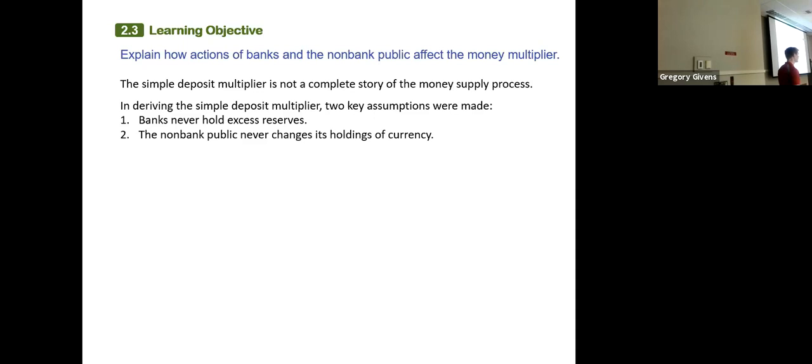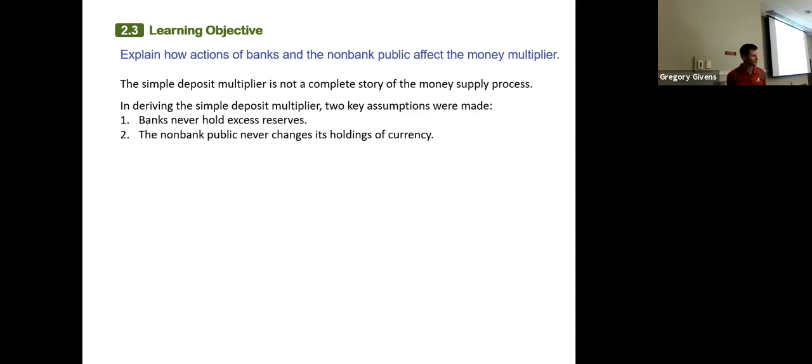In particular, we just assumed that every investor in our economy simply deposits all of those funds back into a checking account and never chooses to hold any of their money in the form of currency, but rather all money is held in the form of checking account balances. So excess reserves were zero and currency holdings were zero.